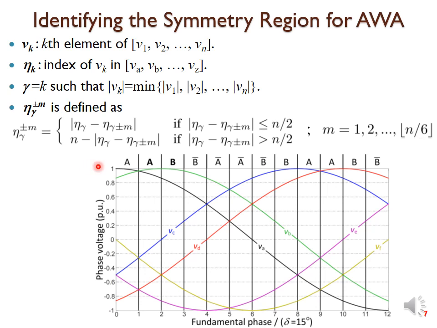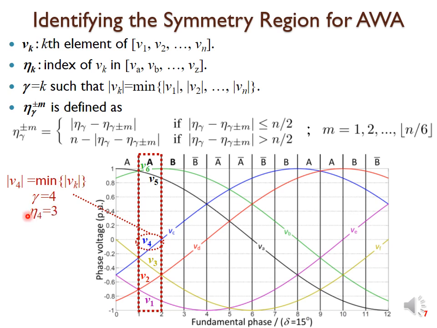For example, for a 6-phase machine with asymmetrical windings, let us focus for instance on this region A. First, we sort the voltages from lowest to largest in this region. According to the definition of gamma, we can see that in this case gamma is equal to 4 because V4 is the voltage with the lowest absolute value in that region.